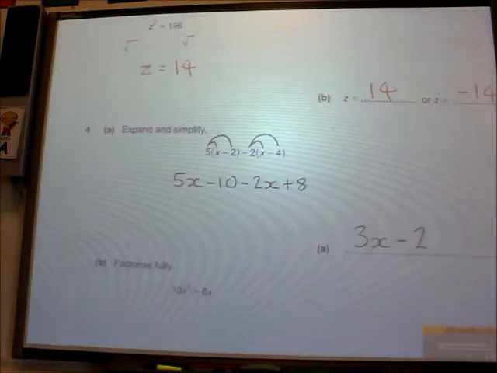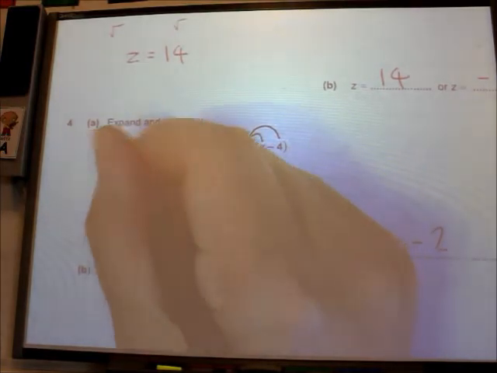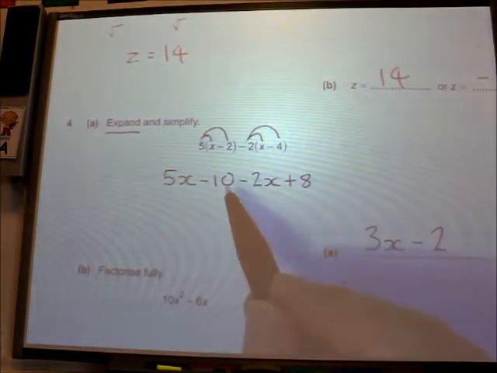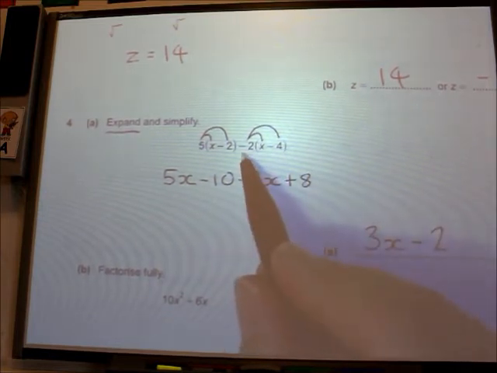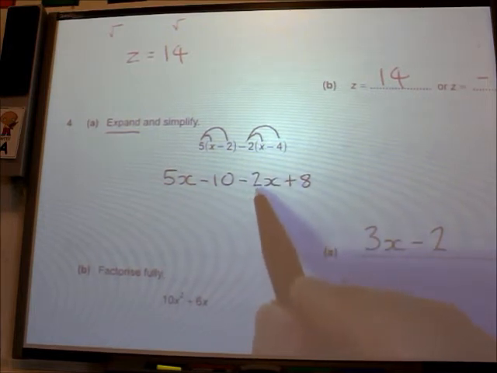Next one, expand and simplify. I've pretty much done it for you there, but I'll talk you through it. First bit, we'll do the expanding. So 5 times x is 5x, 5 times 2 is 10, and there's a negative. Right, next bit, minus 2 times x. You've got to use that negative because that goes with the 2. So minus 2 times x is minus 2x.